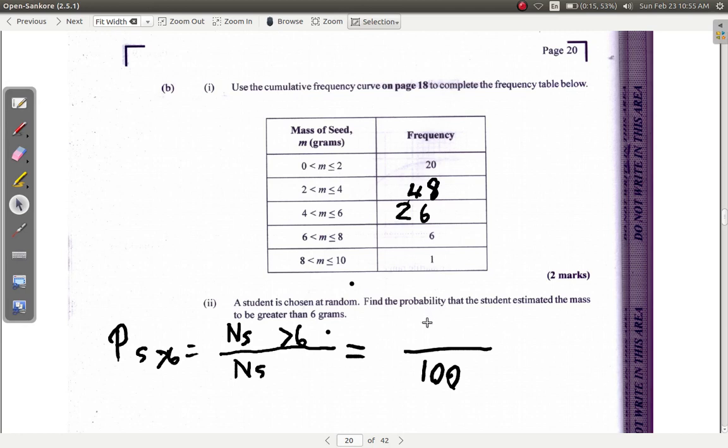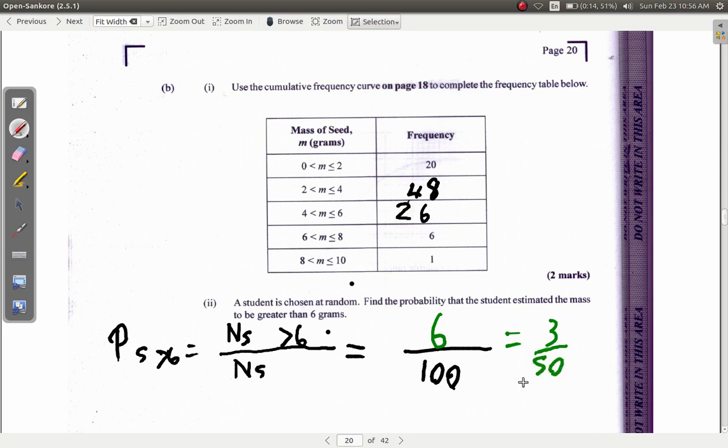So what you need to write here is 6 over 100. And of course, 6/100 is the same as 6%. You can divide this down if you want a fraction to 3/50. Three over 50 if you want it as a fraction.